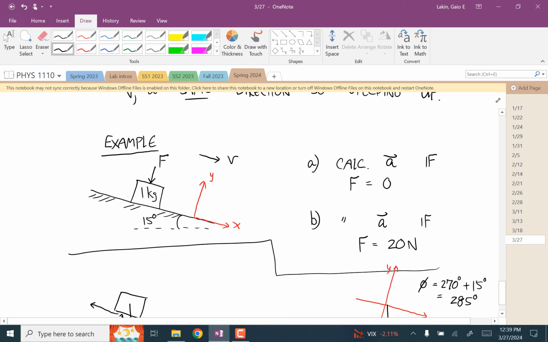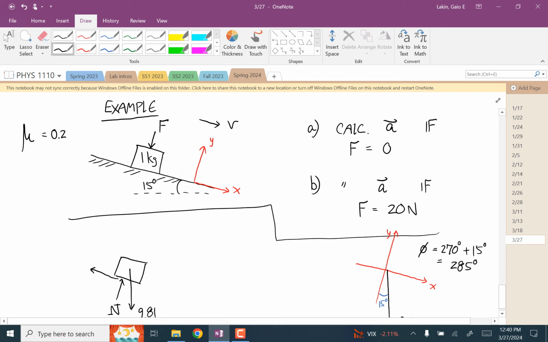I didn't give a coefficient. I have to give one to be able to do this problem, so let's call this 0.2. So this friction force is 0.2 times whatever the normal is. And we're going to start with that force F equal to 0, so I'm just going to leave it off.